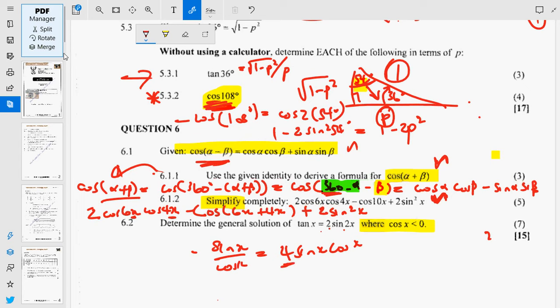Now, the next sensible thing to do here is to cross multiply. Let me do that. Sine x is equal to 4 sine x cos squared x. Now, please don't divide by sine x. That is wrong, because sine x might be equal to 0. And in fact, you will see in this particular case, sine x is in fact equal to 0.